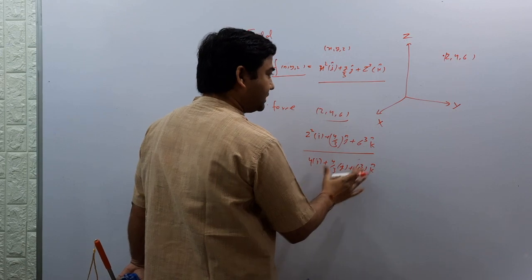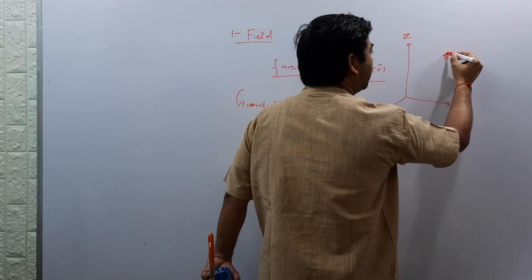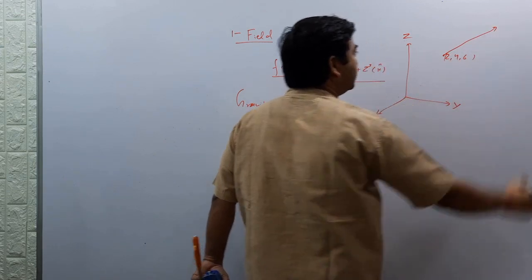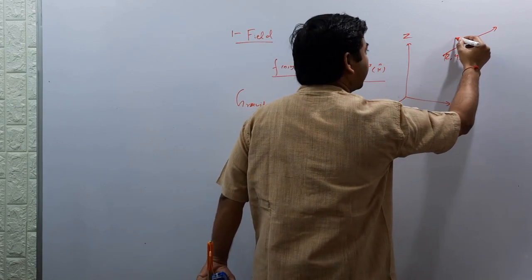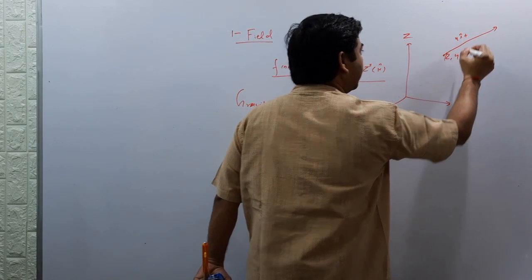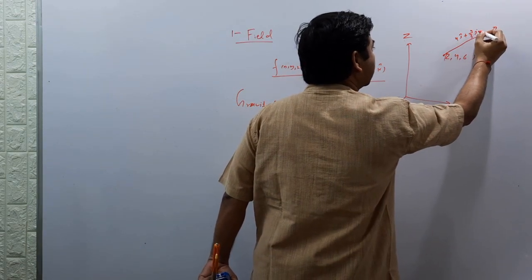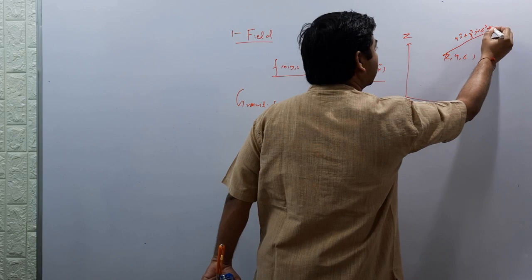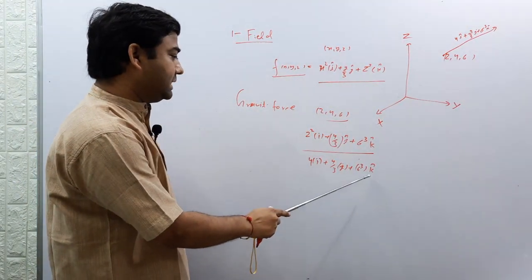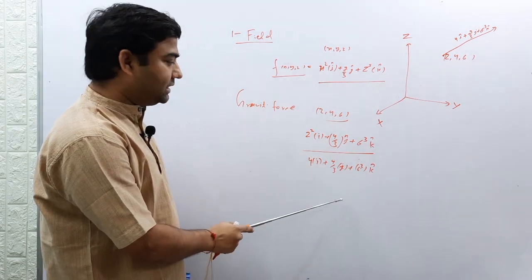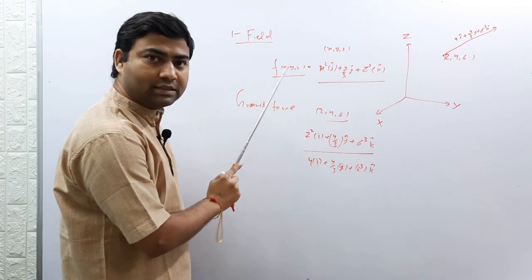For this vector, the tail of the vector, you can start from this point and you can draw the vector. Let this vector be represented by 4i plus 4 by 3 j plus 6 cube k. This vector is representing the gravitational field at point 2, 4, 6.